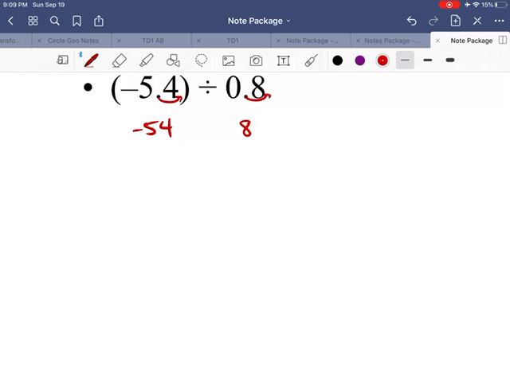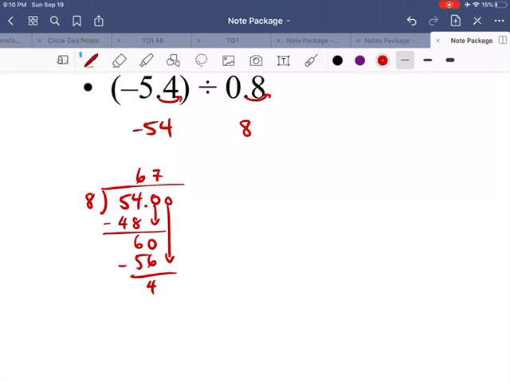So if we divide this, 54 by 8, let's go ahead and try. So 8 into 54 is going to go 6 times, and we get 48. And if we subtract, there's 6. Bring down the 0. 8 into 60 goes 7 times. Okay, and that's 56.